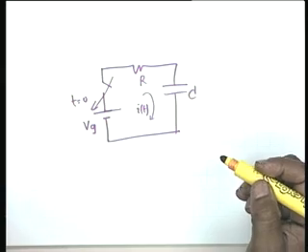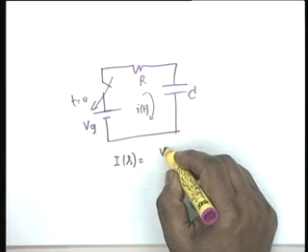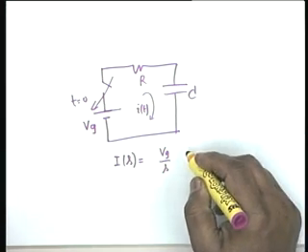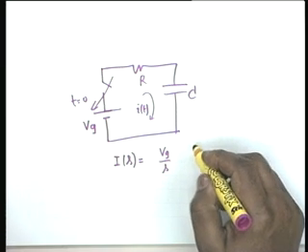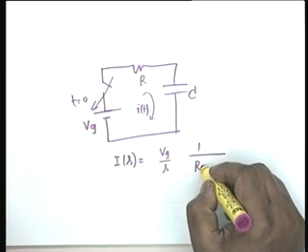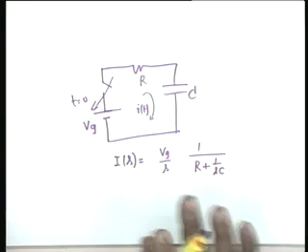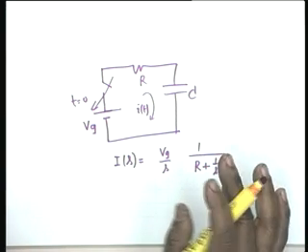So I of s would be equal to Vg by s, the voltage transform, divided by the impedance, that is R plus 1 over Sc. Agreed? We are assuming, of course, that the initial conditions are 0.